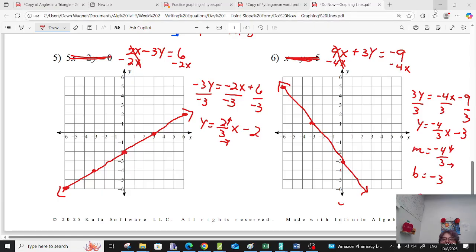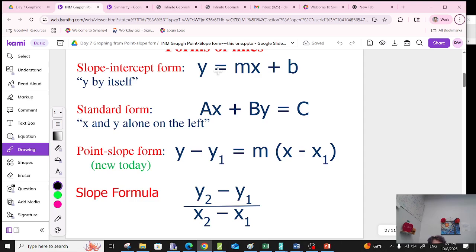So now I'm going to find today's slope intercept form because you have y by itself. Standard form is when x and y are on the same side and it equals a number. Point slope form, which is new today, is when you have y and a number, and we have slope, and we have parentheses.